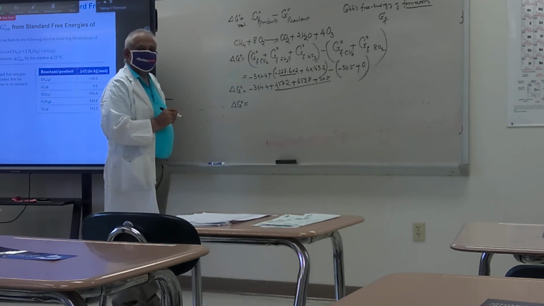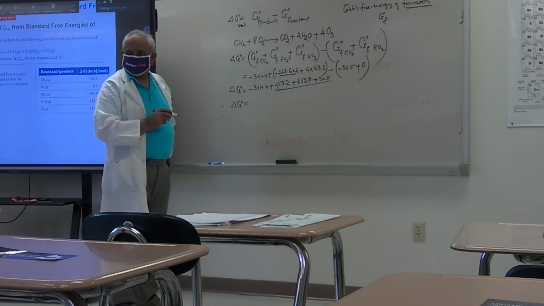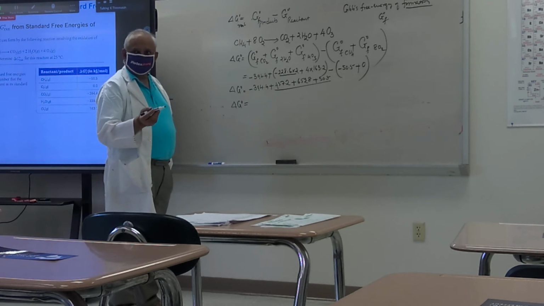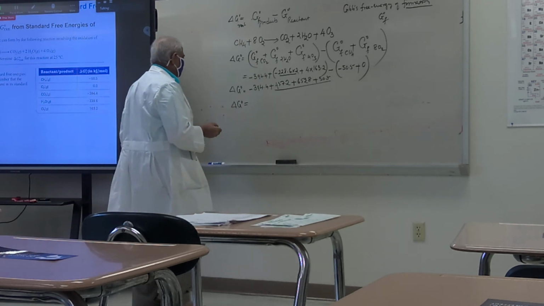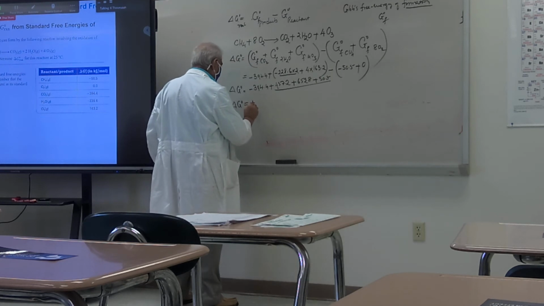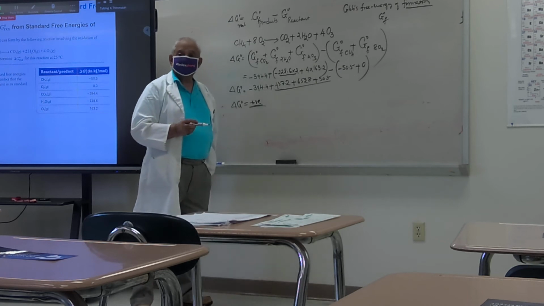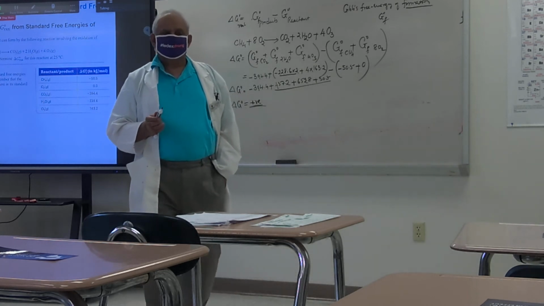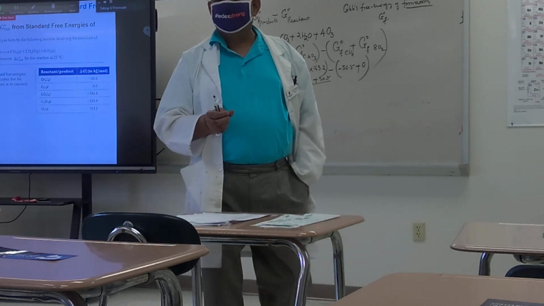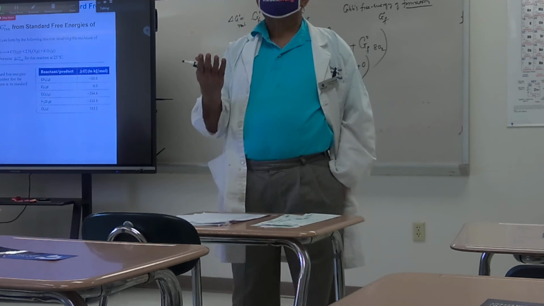So you are getting a positive number, right? A big positive number. So if this is positive, what does this suggest? If the Gibbs free energy change is positive, it is non-spontaneous.